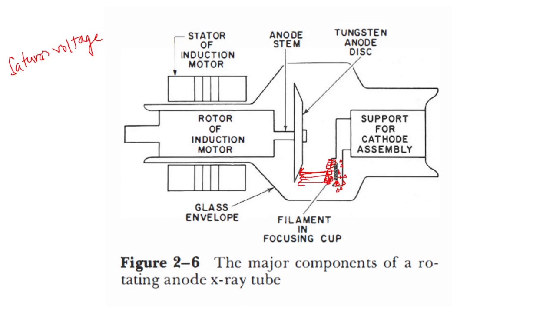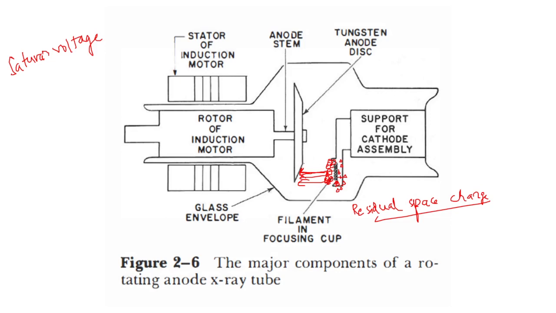So the residual space charge present around the filament will limit the number of electrons moving from the filament to the anode. When the filament is heated more and more, all the electrons in the filament get sufficient energy to overcome this space charge and move towards the anode.